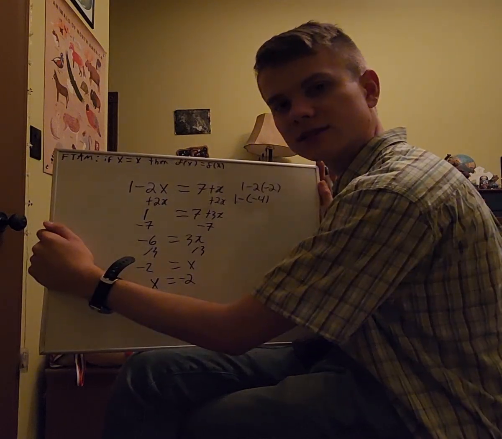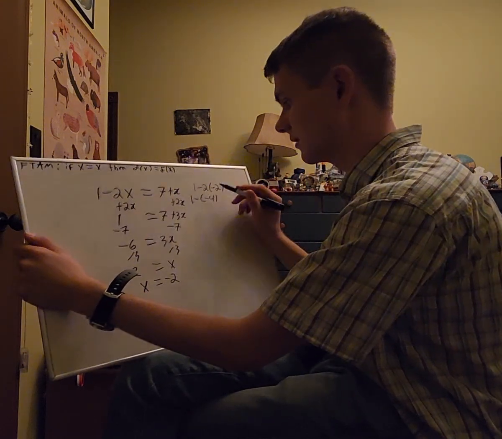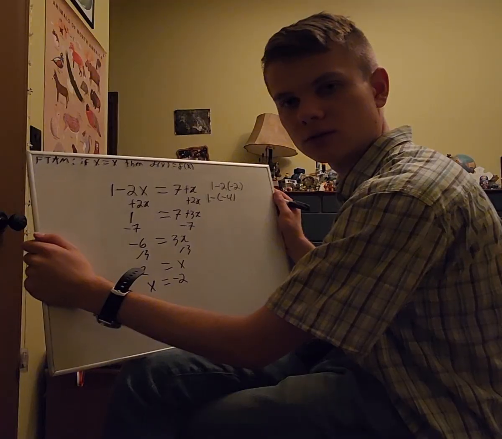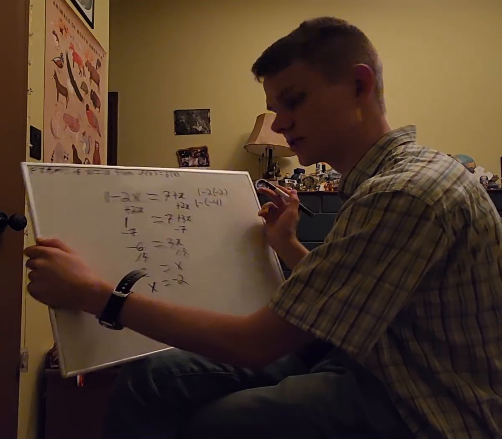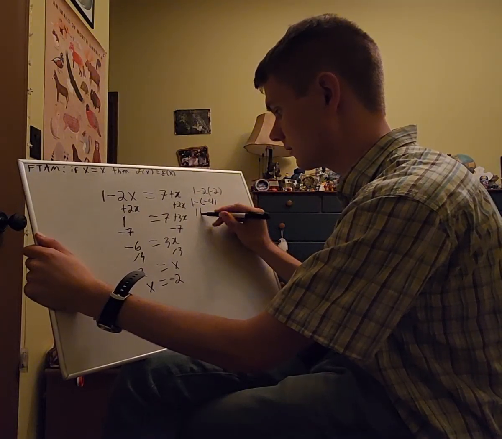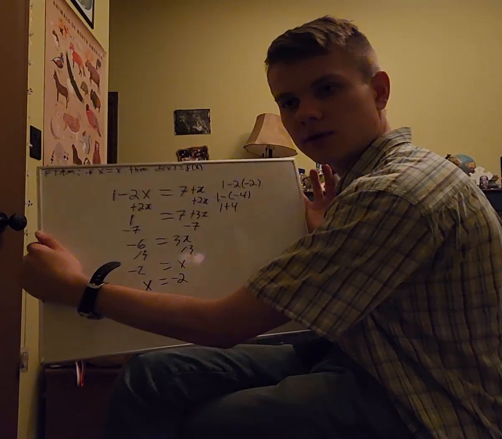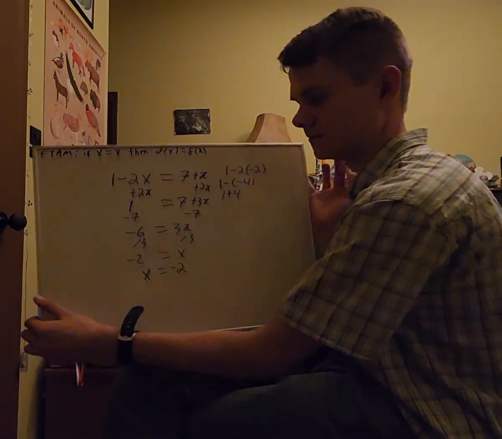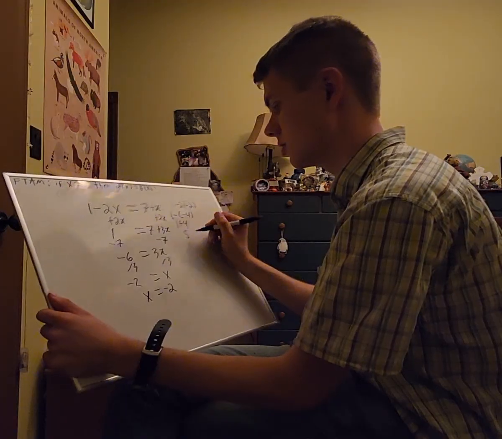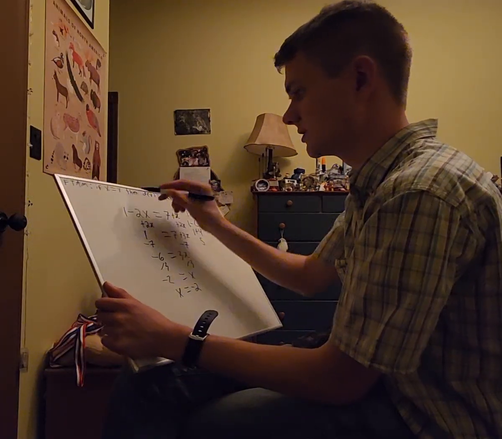Well, 1 minus negative 4, that's the same as 1 plus 4, because you've got a negative negative, which is a positive. So 1 plus 4 is 5. So if x is negative 2, then 1 minus 2x is 5.